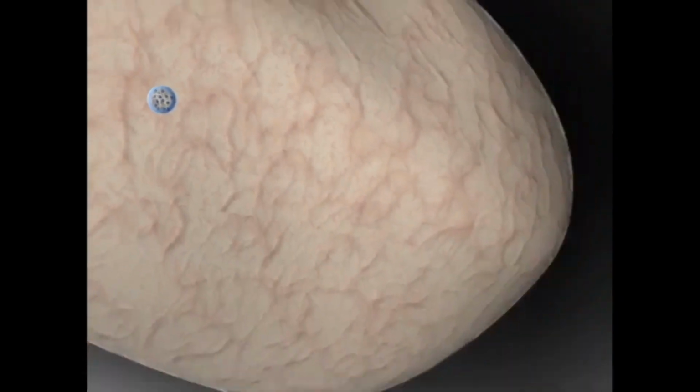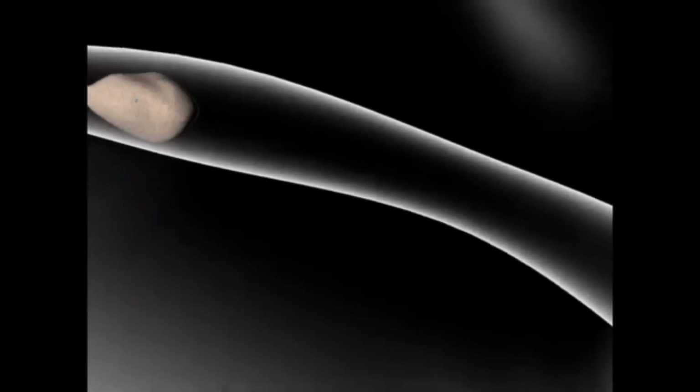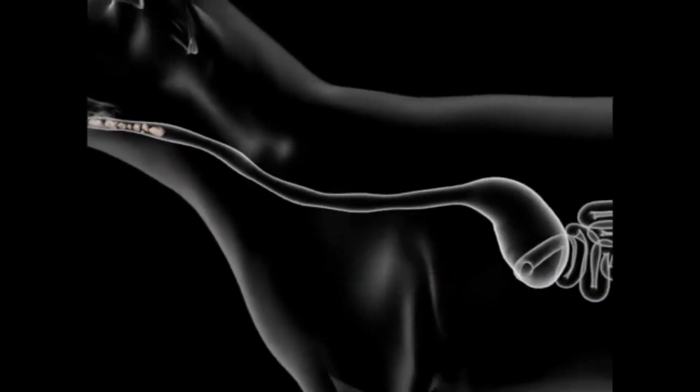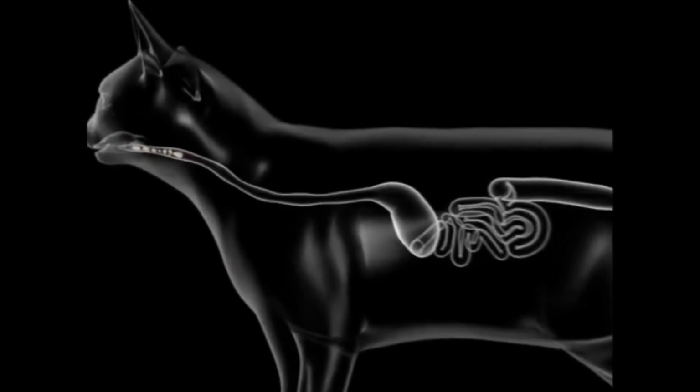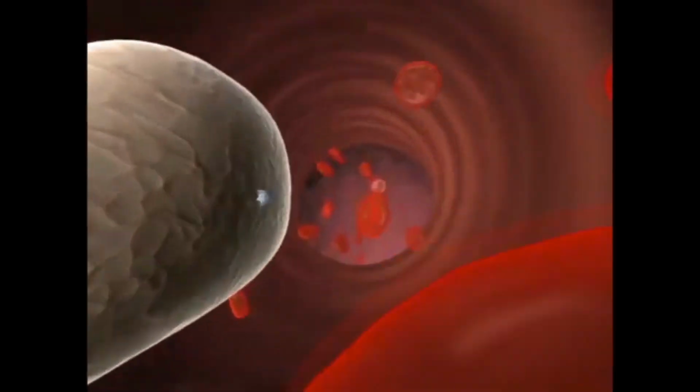Usually, the cats get Toxoplasma at an early age. Only once, after the first infection, the sexual cycle of the parasite takes place, resulting in the production of oocysts.